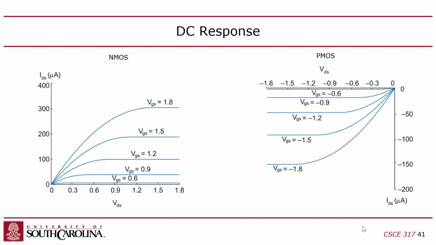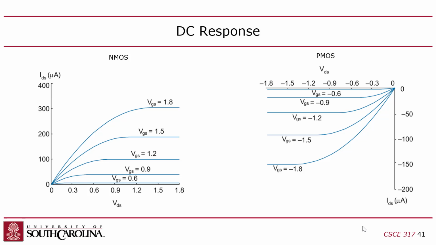One thing you can see is that the linear region kind of looks linear, right? When the gate source voltage is 1.8 and you increase the drain source voltage, it increases kind of linearly, and then it reaches the saturation point and levels off. Each of these curves depends on the gate source voltage, so you get different curves.